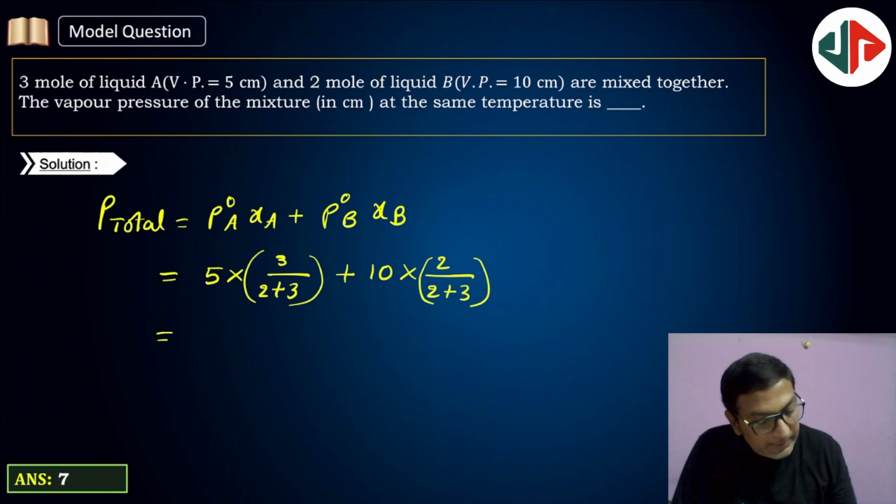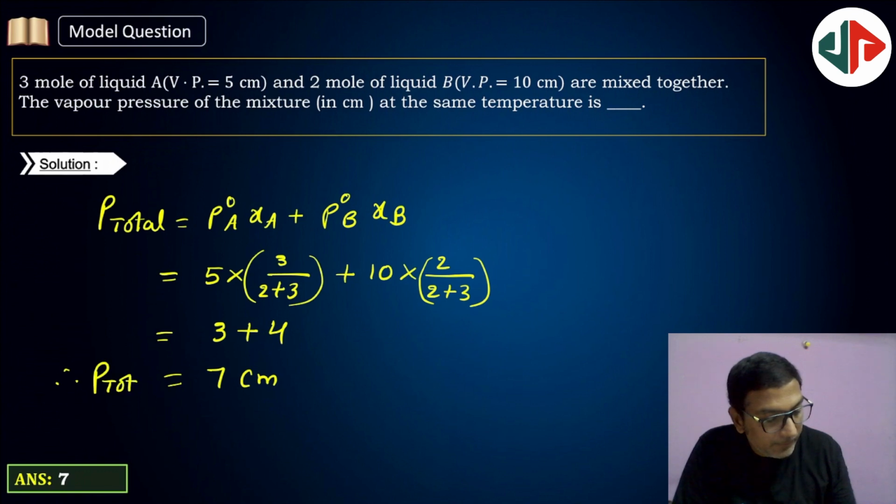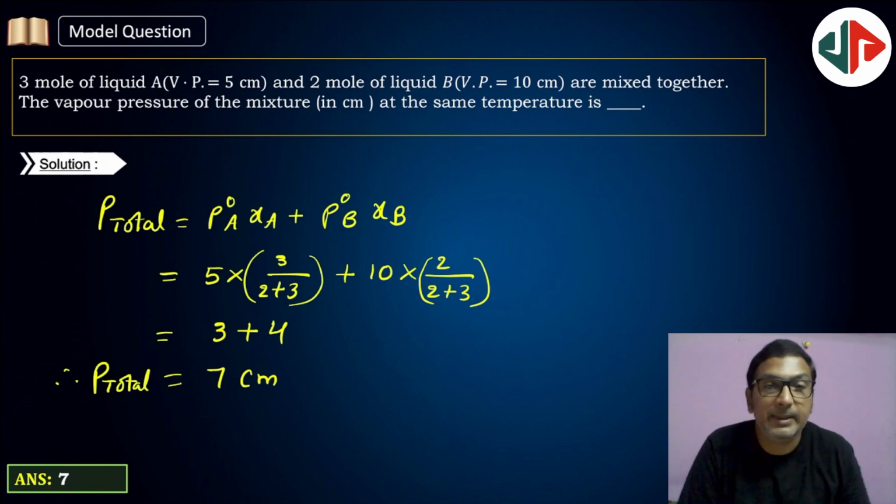So which is equal to 3 plus 4, which is equal to 7 centimeters. So P total equal to 7 centimeters. 7 is the answer.